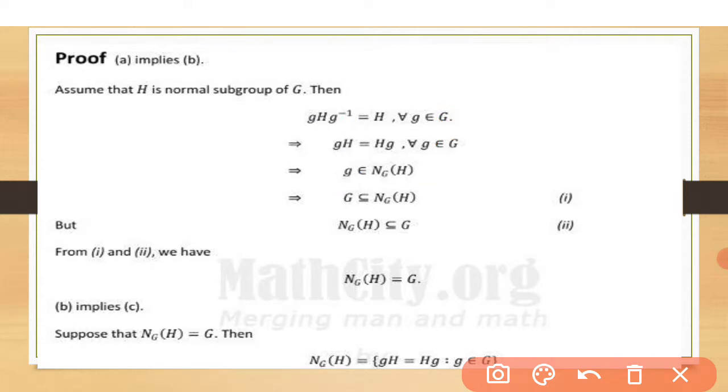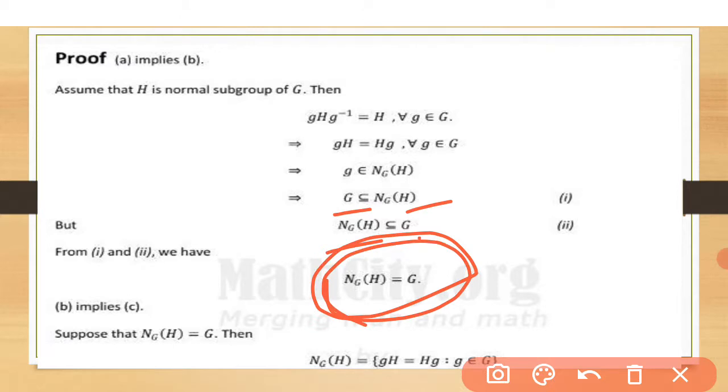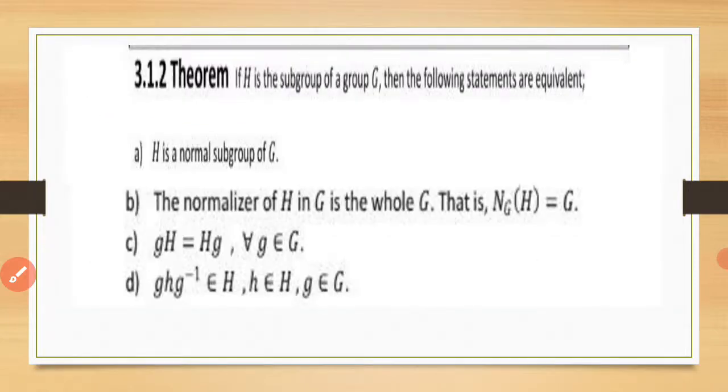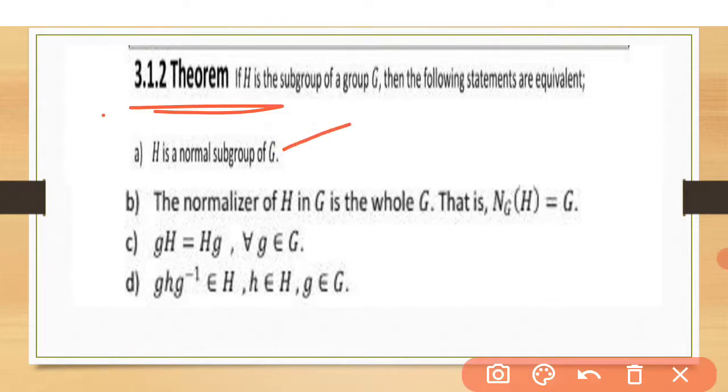So if g belongs to G, then g belongs to the normalizer, and it means that G is contained in the normalizer, and we know that all the elements of the normalizer are contained in G. It means that the normalizer of H in G is equal to G. Hence by A we prove this.